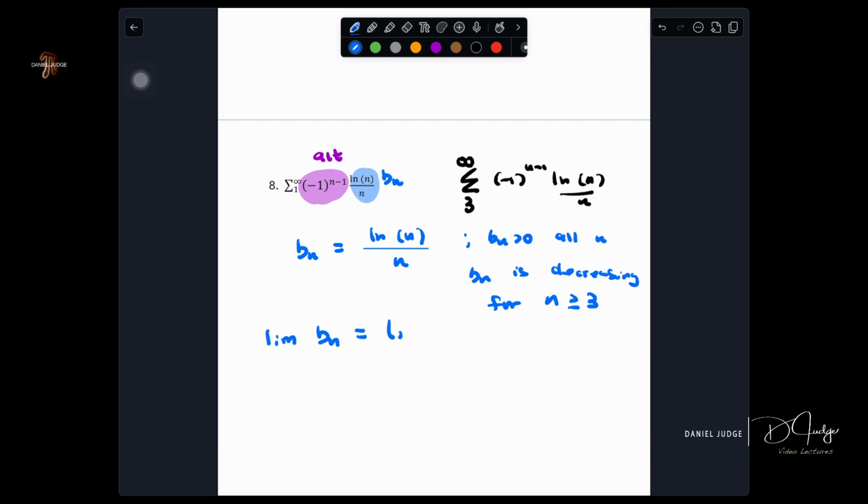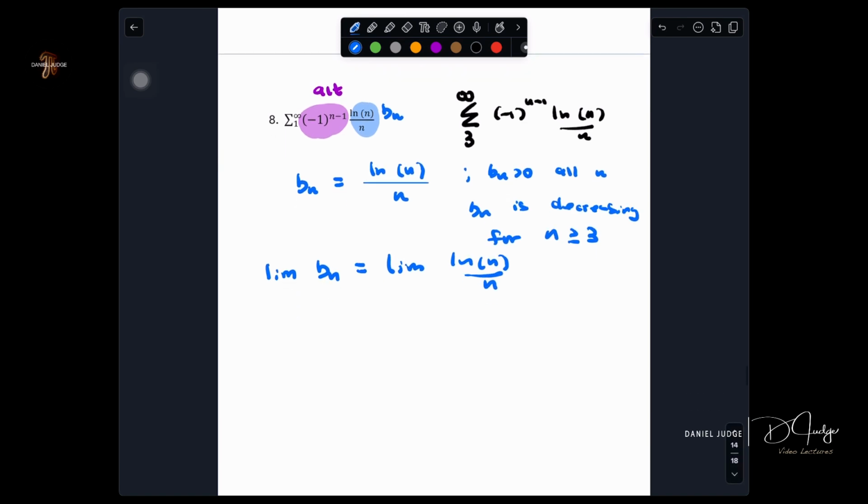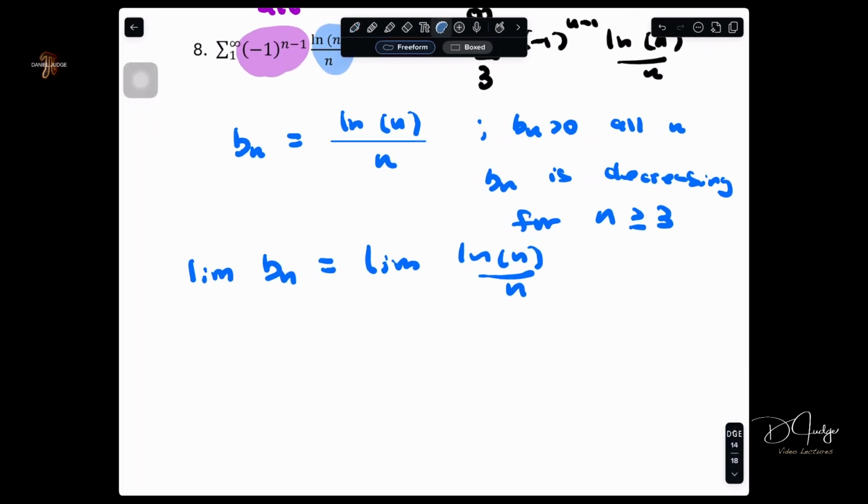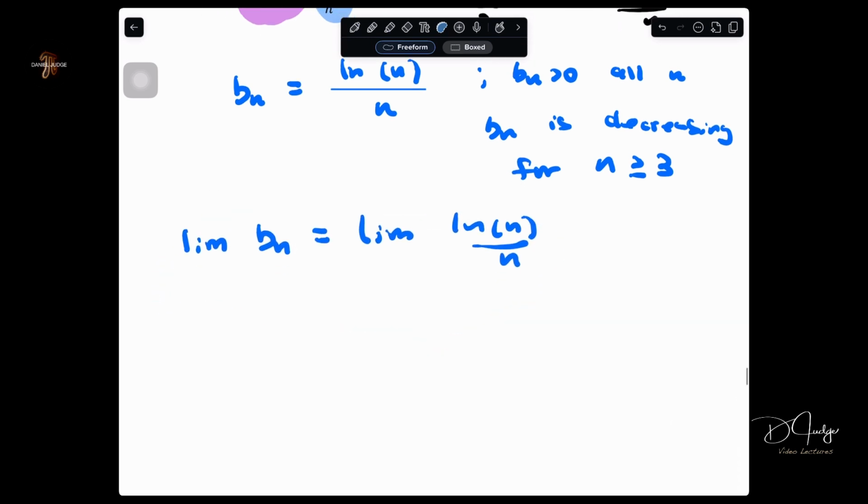Now, the limit of Bn is going to be the limit of the natural log of n over n. As n goes to infinity, that means we get infinity over infinity, so we're going to have to consider this as a function.